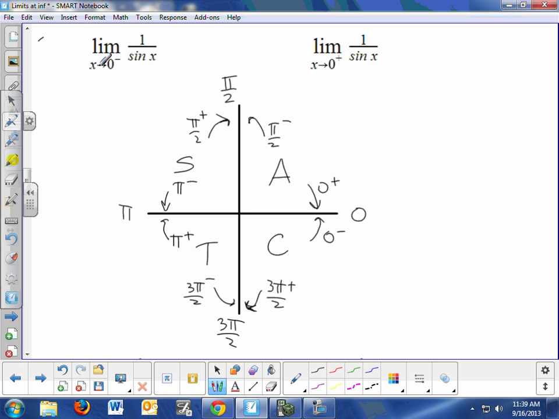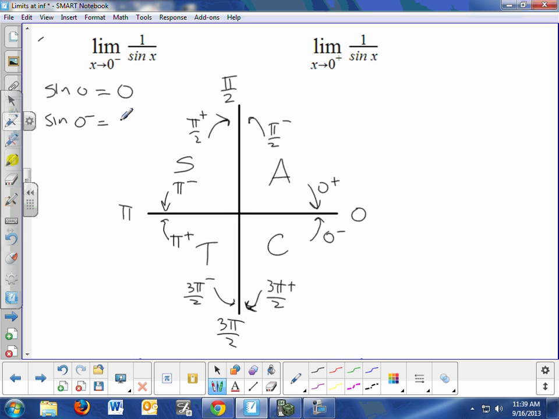We're trying to find the limit as x approaches 0 from the left of 1 over the sine of x. Well, I know that the sine of 0 is just 0. But with trig, it's a little difficult just to assume that the sine of some number approaching 0 from the left is also equal to 0 from the left.